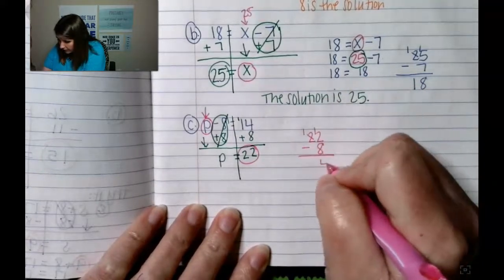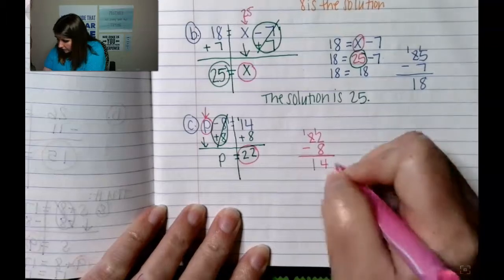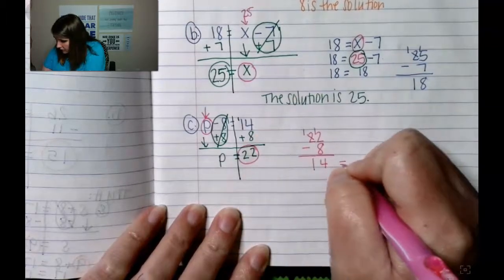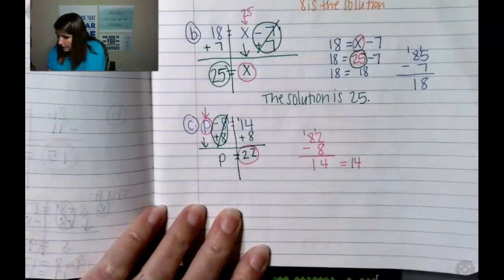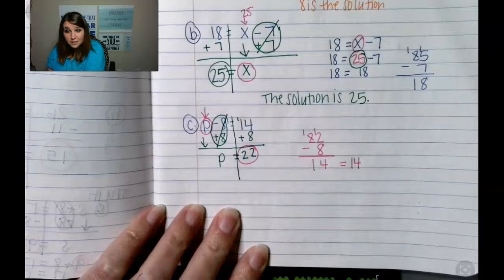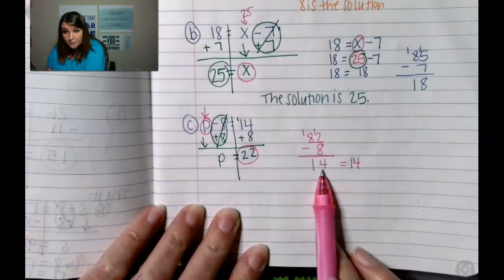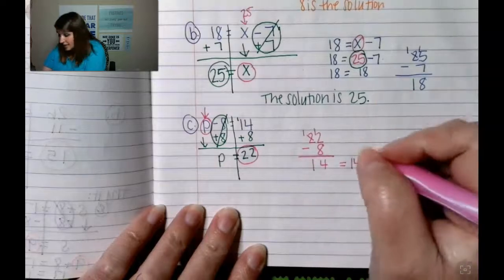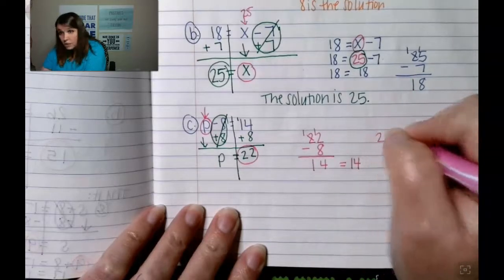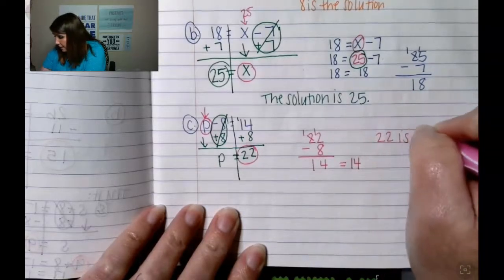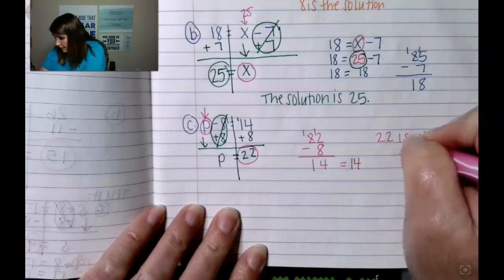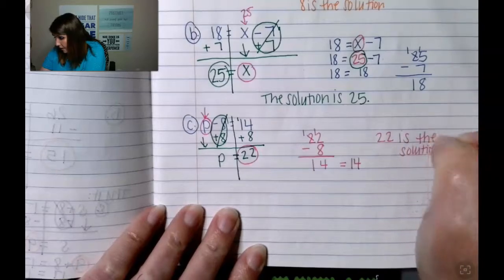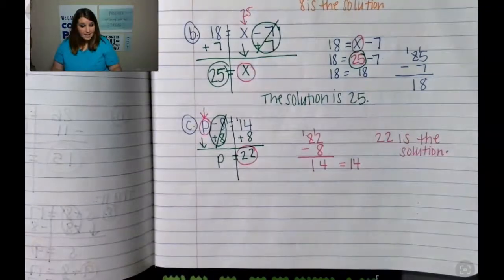So 12, and that's 14. And 14 is equal to 14. So this tells me that I have a balanced scale, and my balanced scale says that 22 is the solution for P.